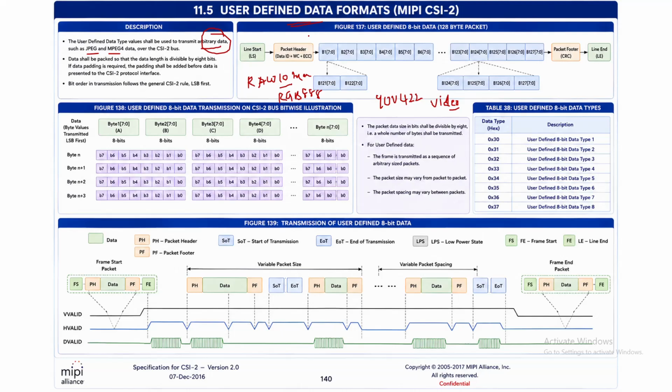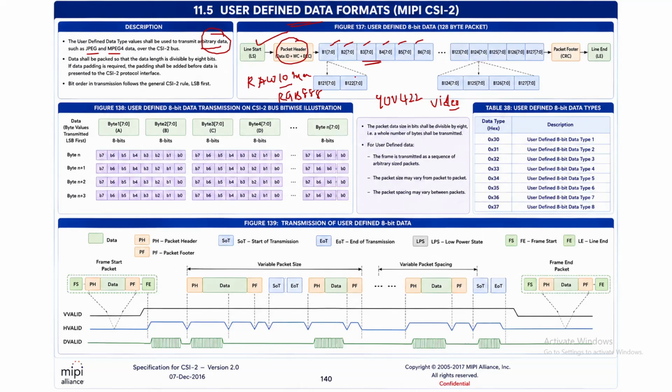By using this user defined data format, all the different data types we have will be transmitted. In the UDF, we start with the line and then the packet header, followed by different bytes of data: B1, B2, B3, B4, B5, B6. So these many bytes of data we transmit from the transmitter side to the receiver side, based on the data type or image type.